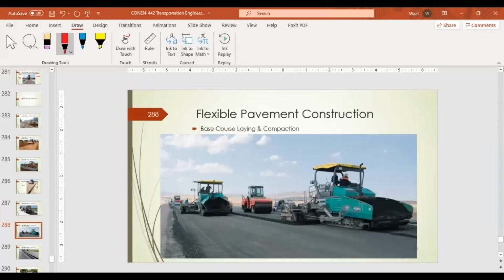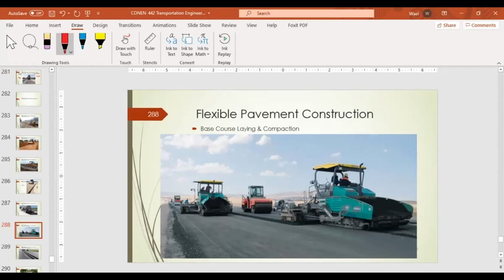This is the pavement. If you are driving on a highway during construction, sometimes you see this rough pavement. So that's the base course. It's laid by this machine, which is called a finisher.